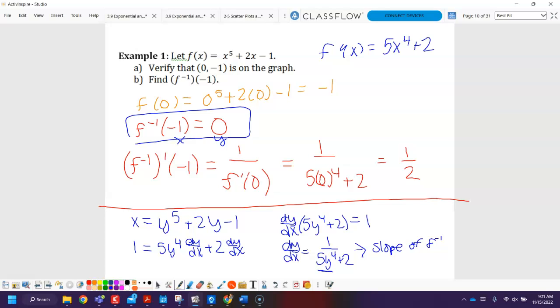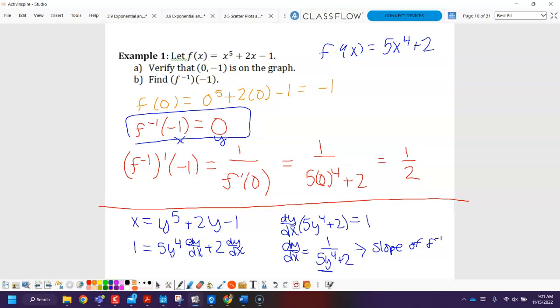So then the next problem is f of x equals x cubed plus 2x minus 1. You are trying to find the derivative of the inverse at 2. So think about the fact that that goes back to this, right?